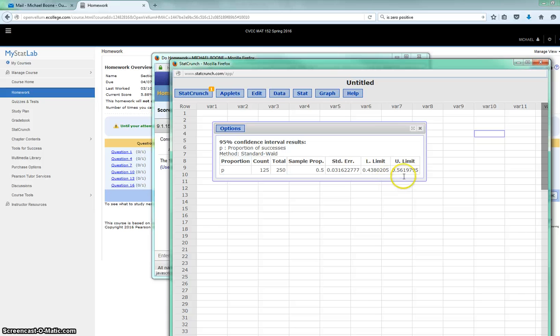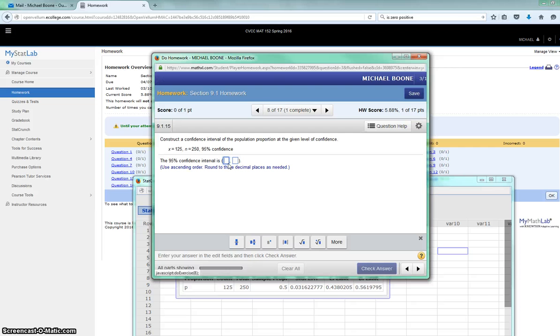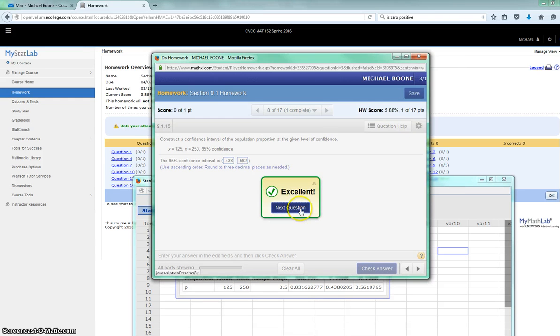In this case, it looks to be about 0.062 would have been our margin of error, just by subtracting my p hat from my upper limit. So let's type these in to make sure they match up. My lower limit to 3 decimal places is 0.438, and my upper is 0.562. And we've made a confidence interval.